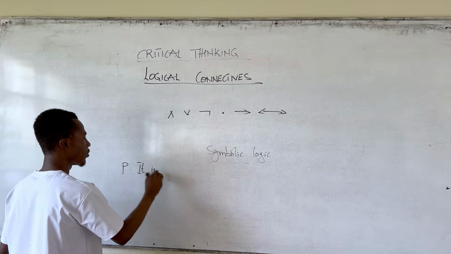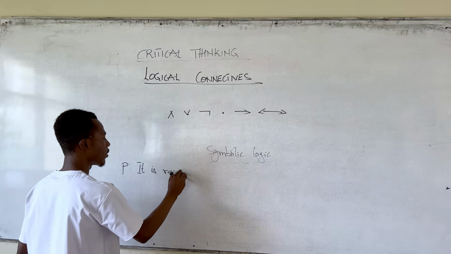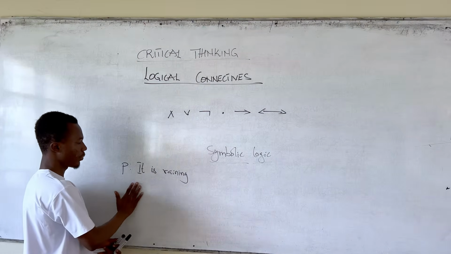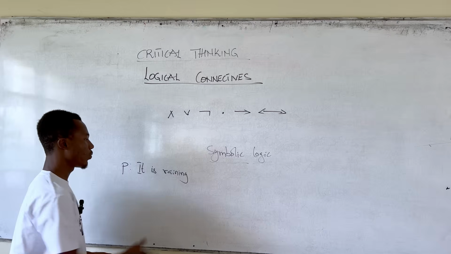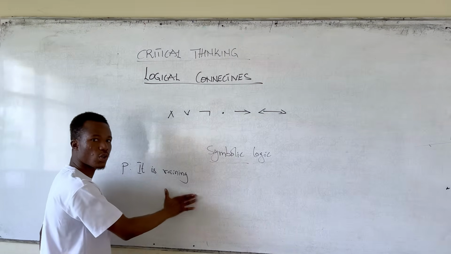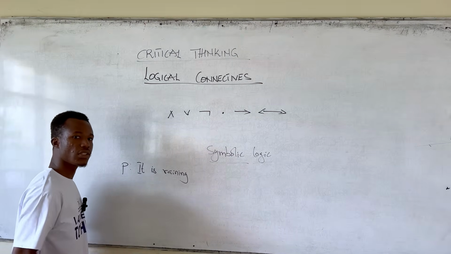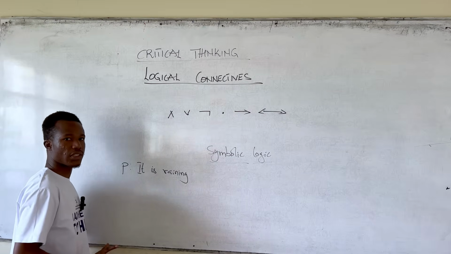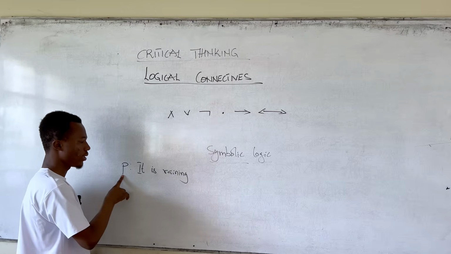So P represents it is raining. For every sentence, statement, or proposition that will be given to you, it will be indicated by a letter. So this is P.